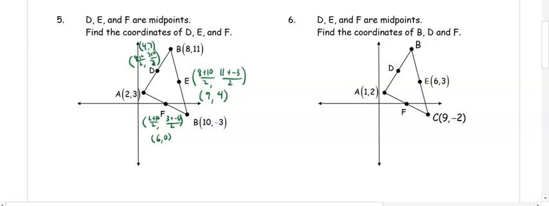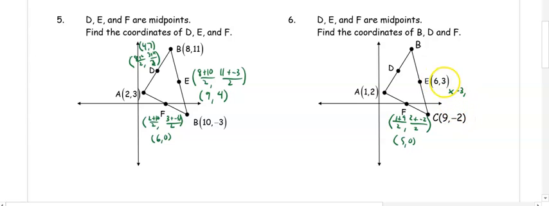In number 6, we can easily find F. So we have 1 plus 9 over 2, 2 plus negative 2 over 2, which gets us 5, 0. Now, to find B, we know the midpoint. So we want to look at how did our x's change, how did our y's change. So our x's, to get from 9 to 6, we minus 3.